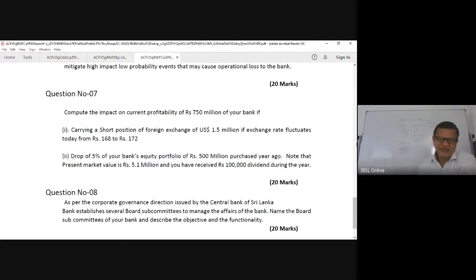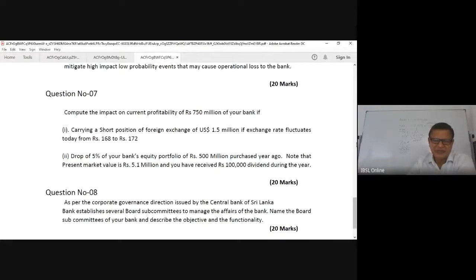Question number 8 relates to a section we covered under corporate governance, and I think that was the last session we had, so we are tackling the last question also. As per the corporate governance direction issued by the Central Bank of Sri Lanka, the bank establishes several board committees to manage the affairs of the bank.